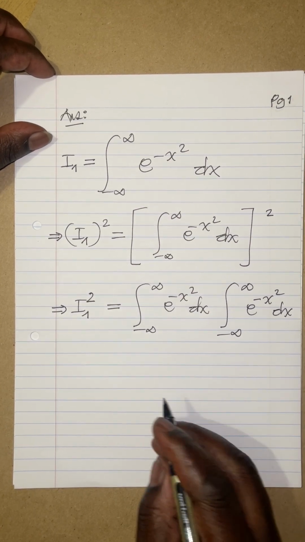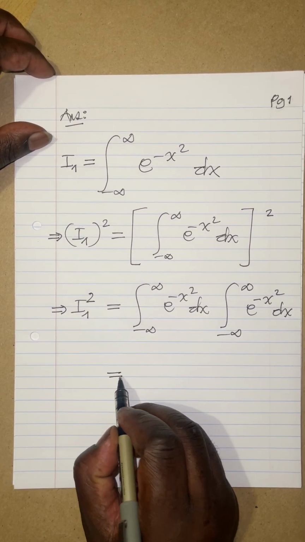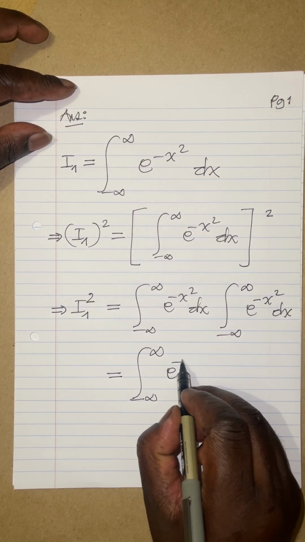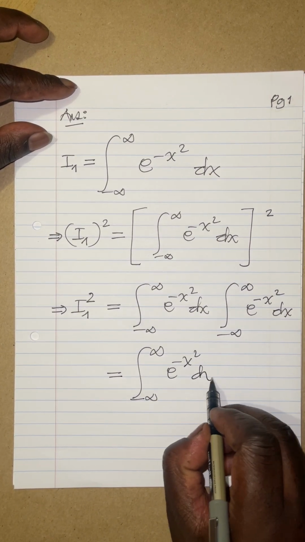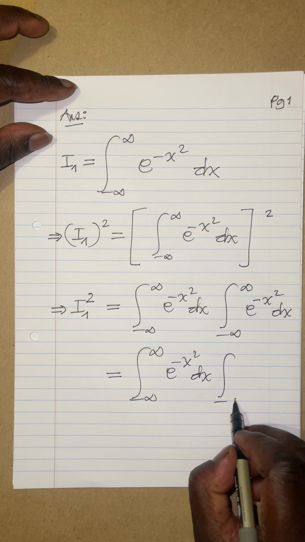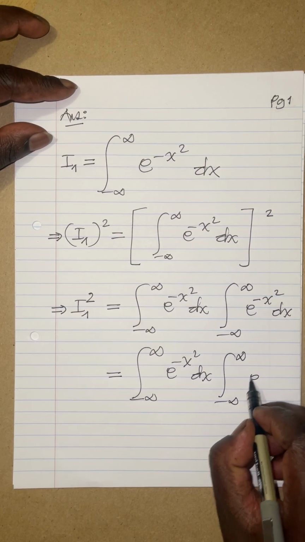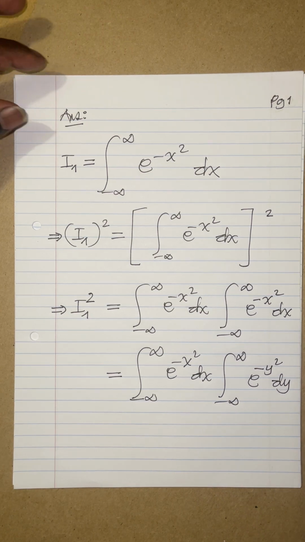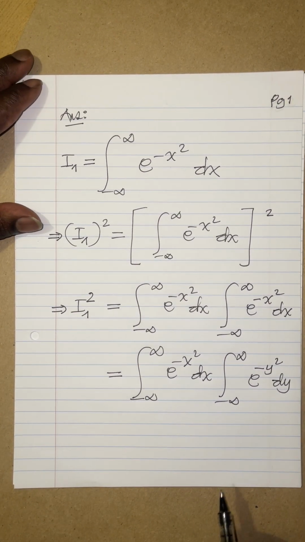I'll show you why we do that shortly. So this is the same as the integral from minus infinity to positive infinity of e to the minus x squared dx, multiplying this by the integral from minus infinity to positive infinity of e to the minus y squared dy. Like I told you, x is a dummy variable, so we can change from x to y.